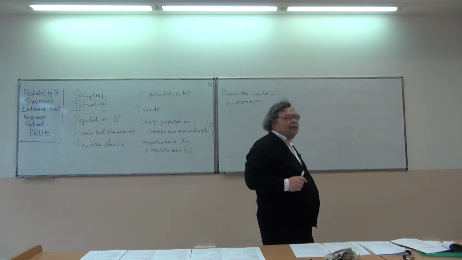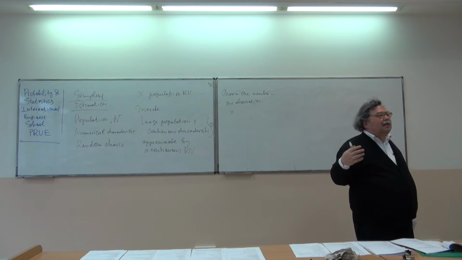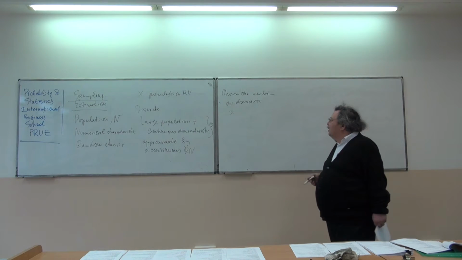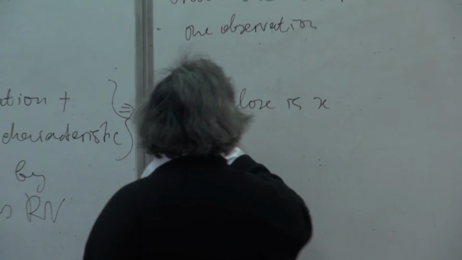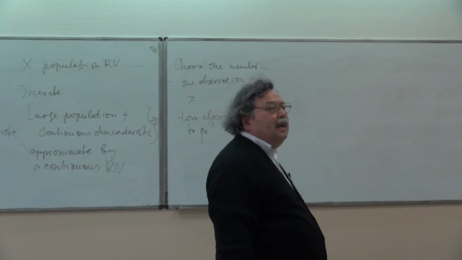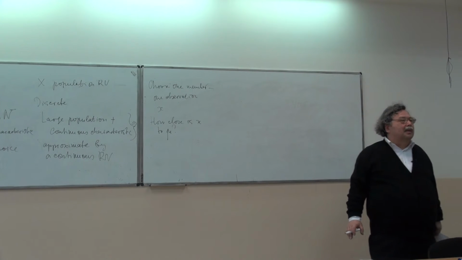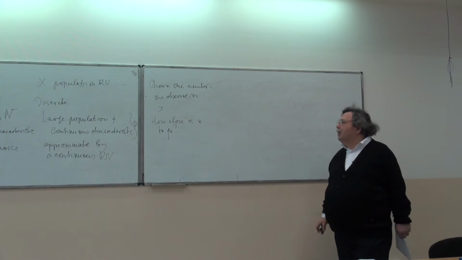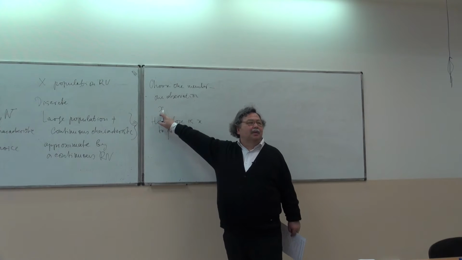But what is not very different? Can we make a quantitative statement about x being close or not close to mu? How close is x to mu? Let me tell you that we cannot give any sensible answer to this question if we don't have any information on sigma. And we can't estimate sigma on just one observation.